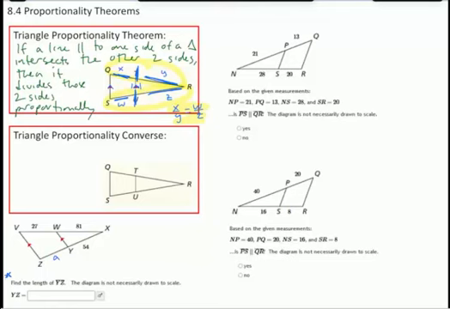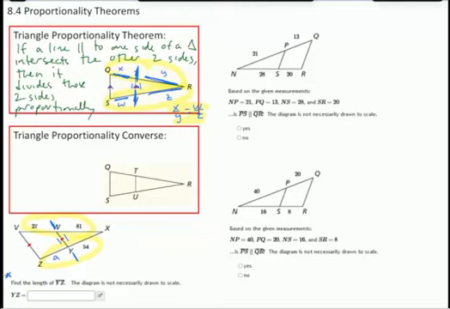But the way I visually solve these, I take my parallel line and I just kind of extend it out as a fraction bar. And then I'm going to set those two fractions equal. And so what I'm seeing here is that 27 over 81 and A over 54 are equal to each other.